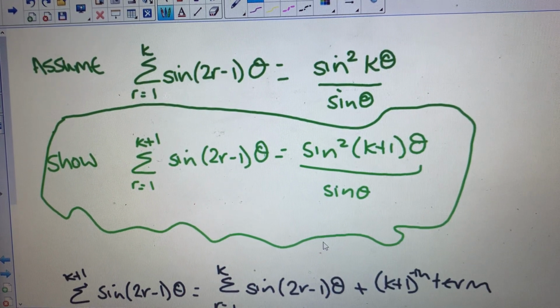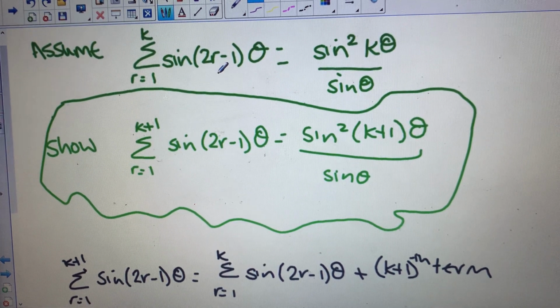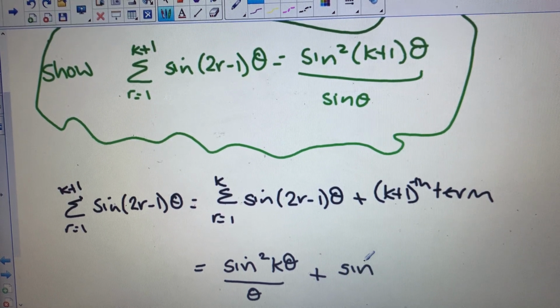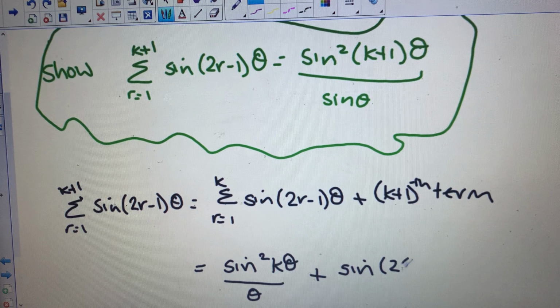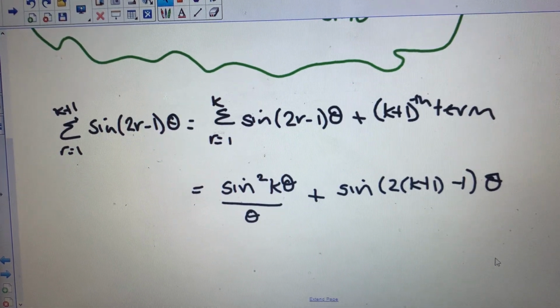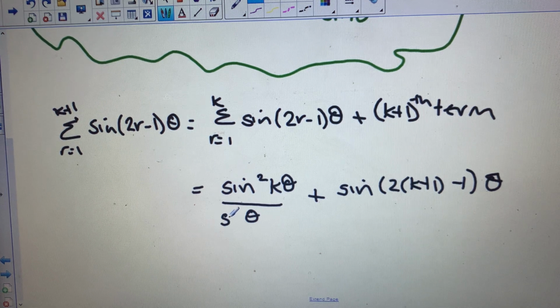And I know that my general term is this, so I'm just going to have my general term with the r replaced with k plus 1. So I'm going to add on the sine of (2(k plus 1) minus 1) theta. And because I'm a little bit afraid of this, I've dropped a sine there. I'm so sorry, that's got sine theta on the bottom.